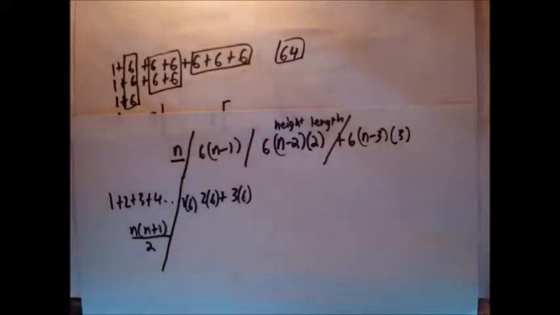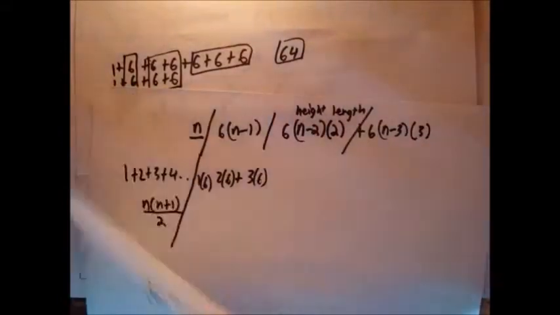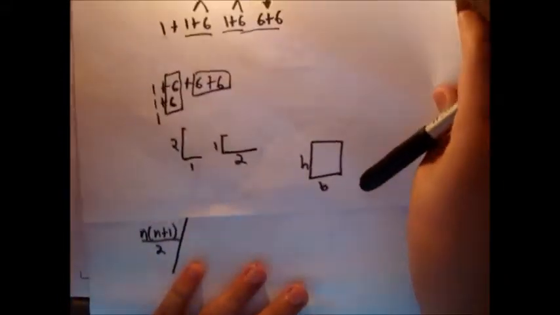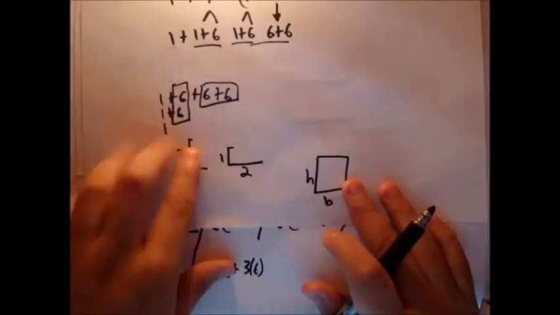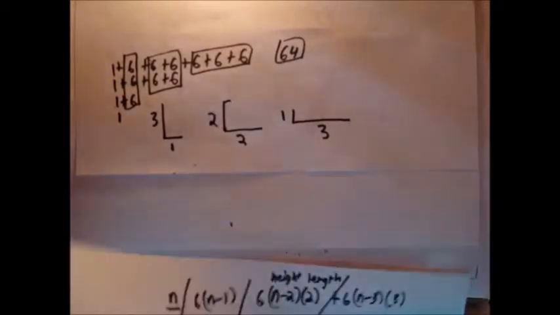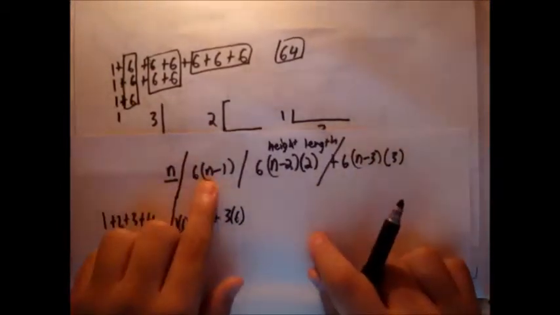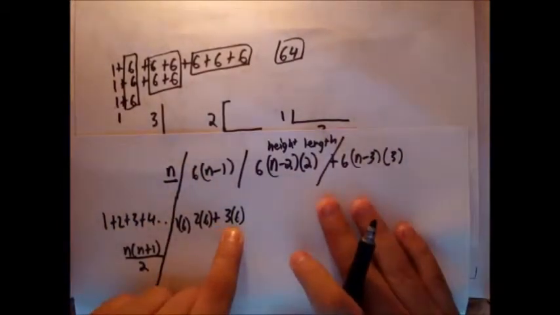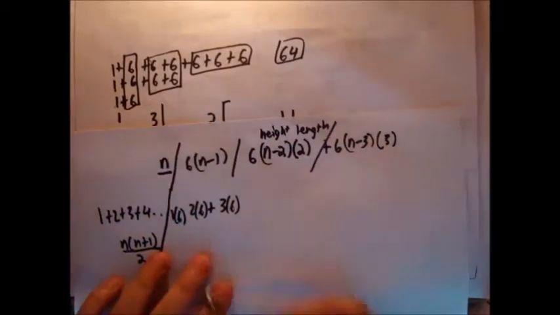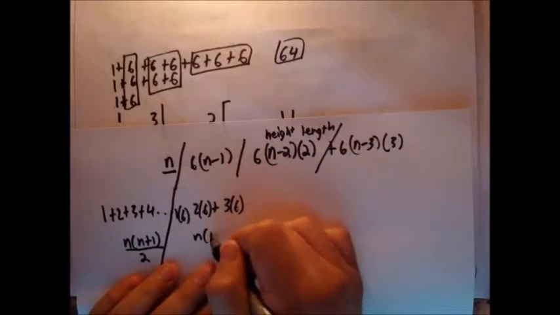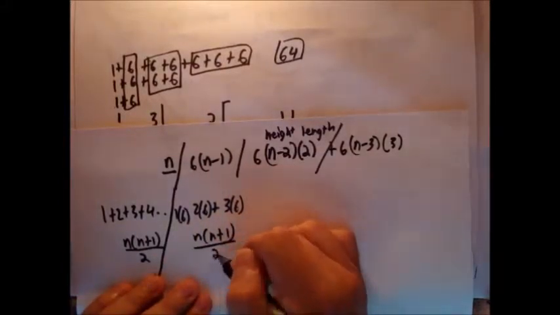And if you don't know what I mean, I'll show you what I did for the second term. Remember, for the second term, how many 6's do we have in this height? We have 2. In the fourth term, we have 3. So it'll be safe to say that right here we have n minus 1, and then for the second, n minus 2, and so on and so forth. So this is just a summation, n times n plus 1 divided by 2.